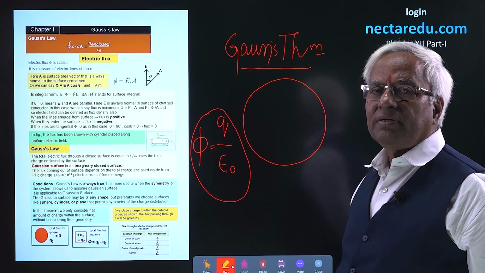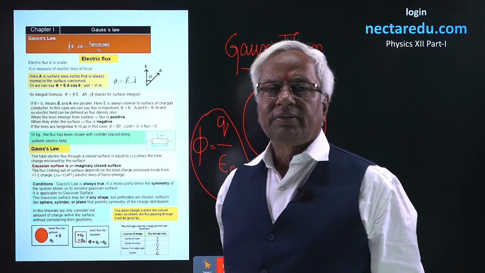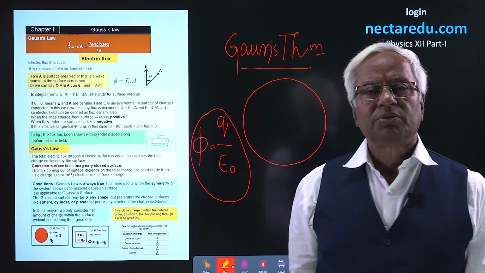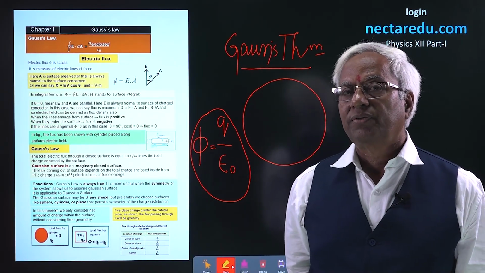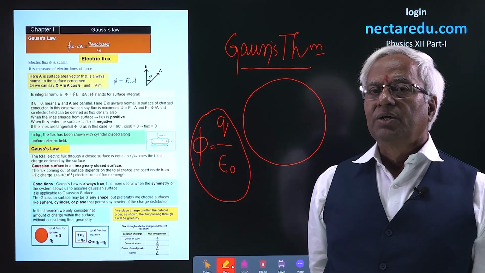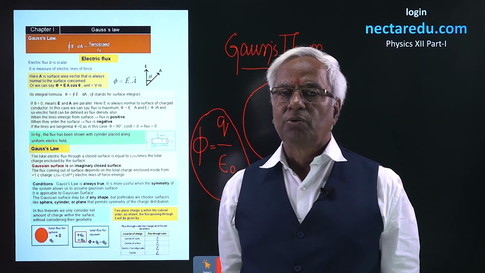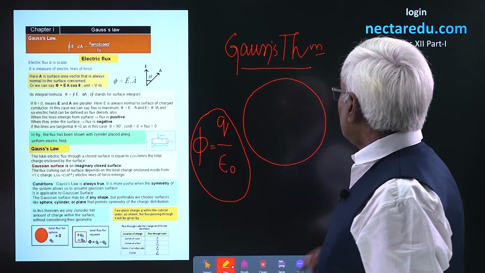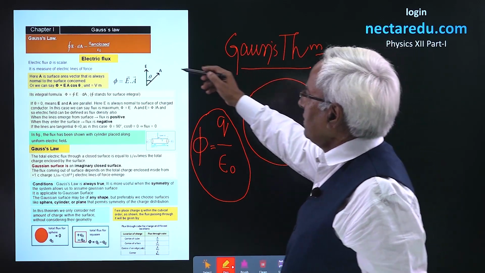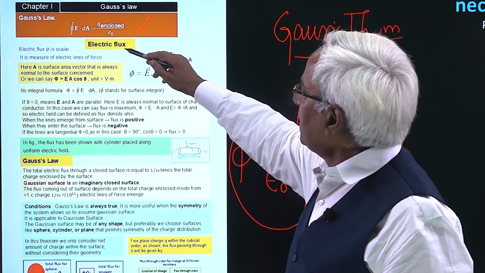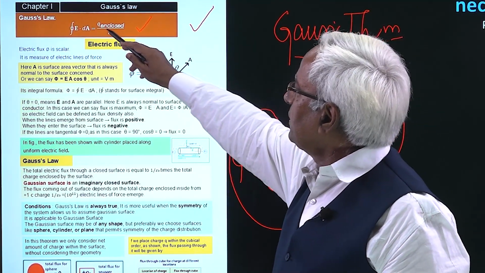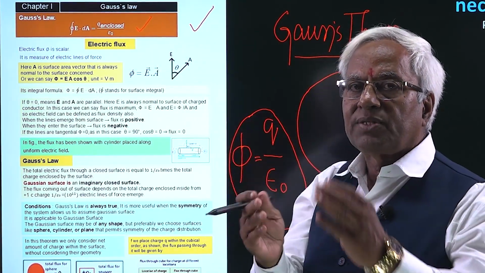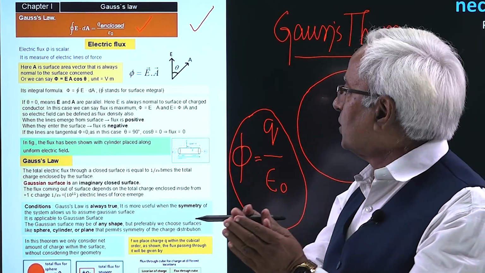To interpret this, you can say the total electric flux from any closed surface is given by the ratio of charge enclosed within it and epsilon naught. So, overall this is written in this form also. Here you see we have said Q enclosed. That means the charge enclosed within the surface.